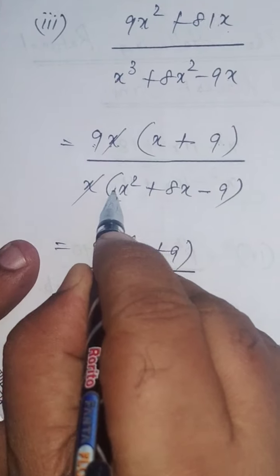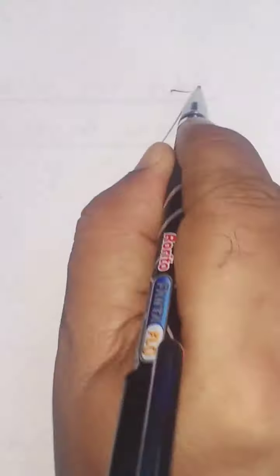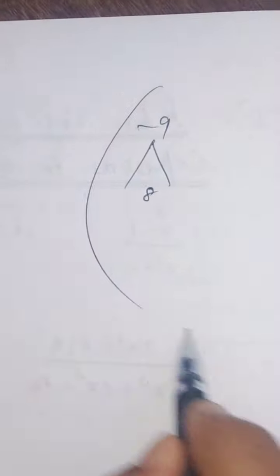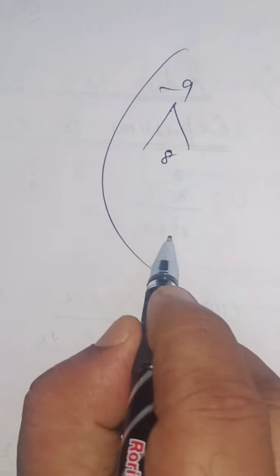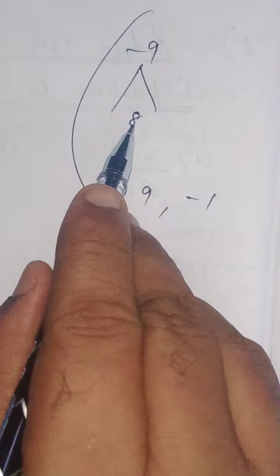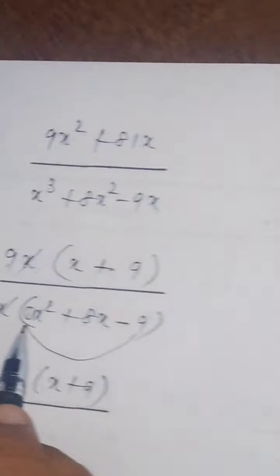What is the coefficient of x squared? 1. 1 into minus 9. Coefficient of x is equal to 8. Product minus 9, sum 8. The two numbers are 9 and minus 1. 9 minus 1 is 8. 9 into minus 1 is minus 9. For getting the factors, consider the coefficient of x squared.